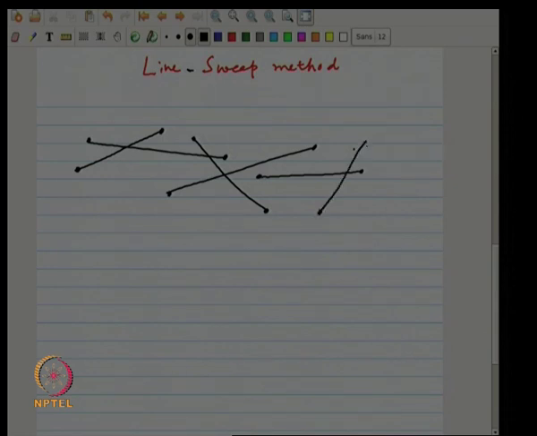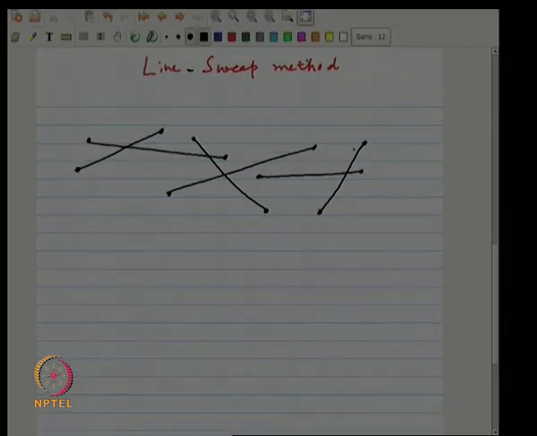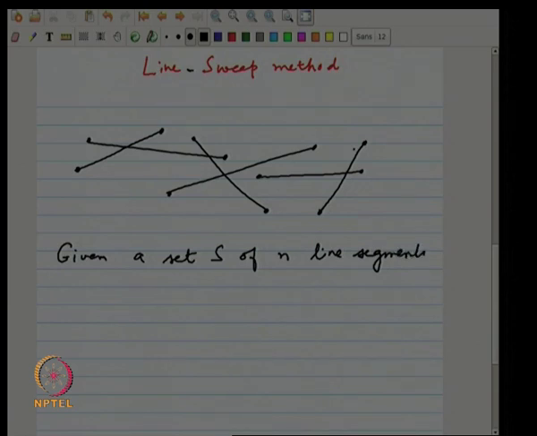Let us only look at this rather small set, because otherwise it could get cluttered if I draw more. Now, the goal is that given a set of line segments, we want to compute the intersecting pairs.